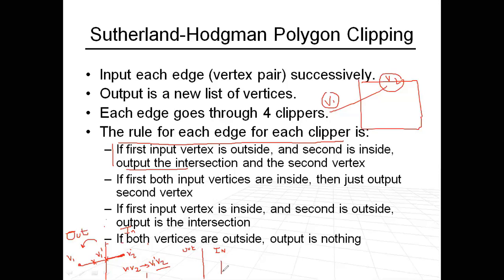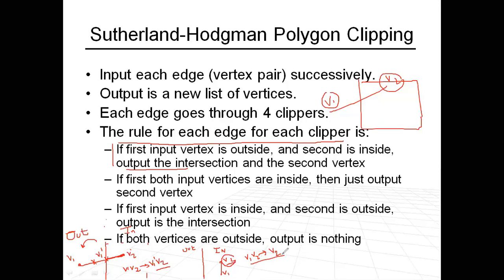Let's say this is v1 and v2, two vertices both inside, and we are moving from v1 to v2. What will be saved? The second vertex will be saved, that is v2. When both are inside, moving from one vertex to another, the second vertex is saved.